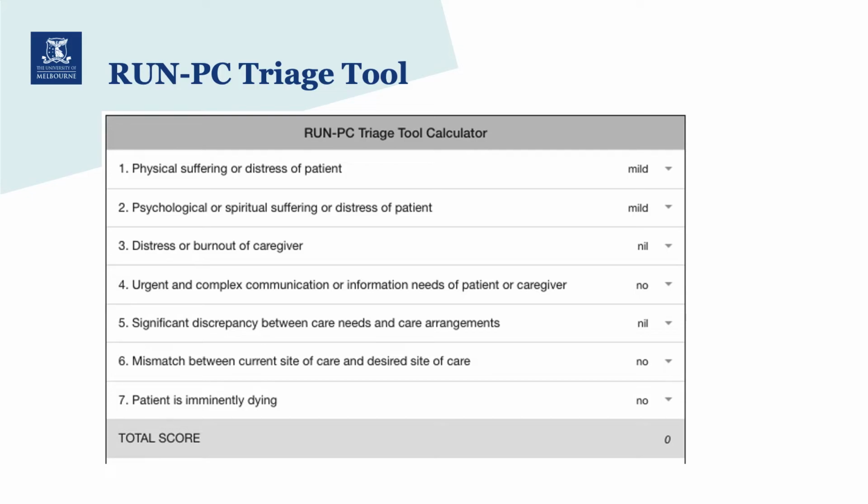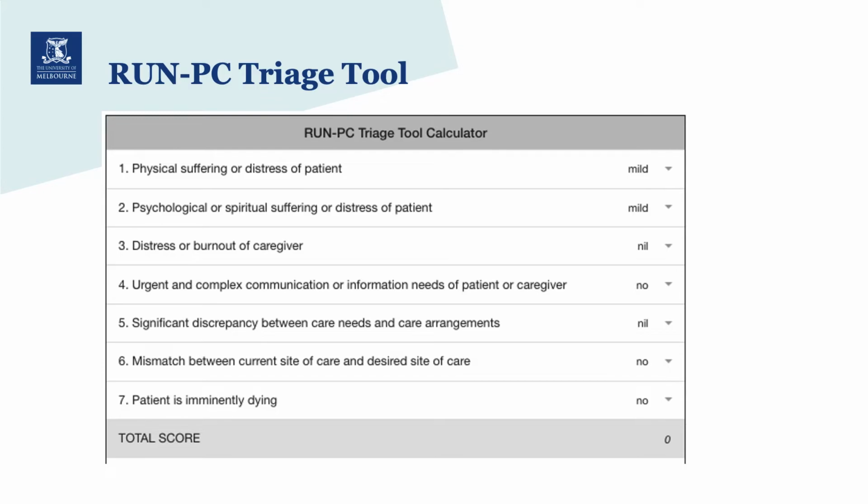So applying the tool, yes, he's got symptoms, but his pain is well controlled. He's hardly taking any medication. He does have constipation and fatigue and one other symptom, but it's not really limiting him getting out and about. So I think that's fairly clear that his physical symptoms are mild.